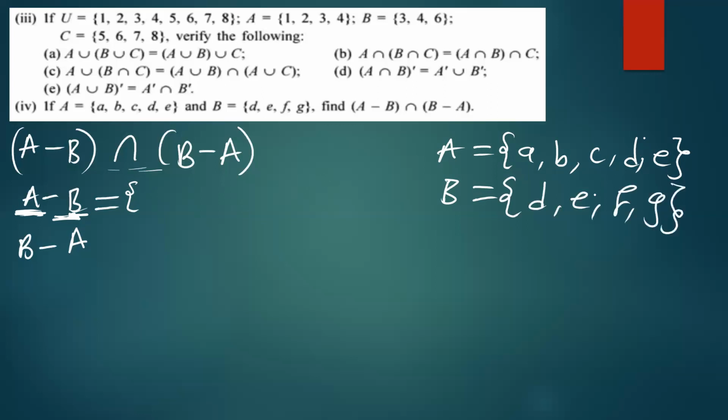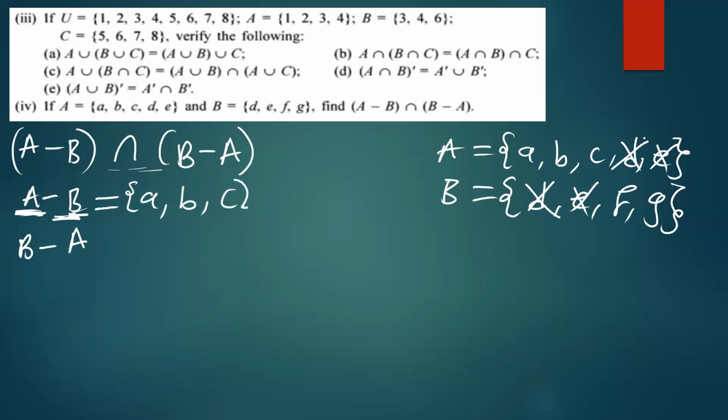The common elements between sets A and B: we have D, so we remove D. Then we have E, we remove E. So the remaining elements give us the solution for A minus B. We have A, B, and C.